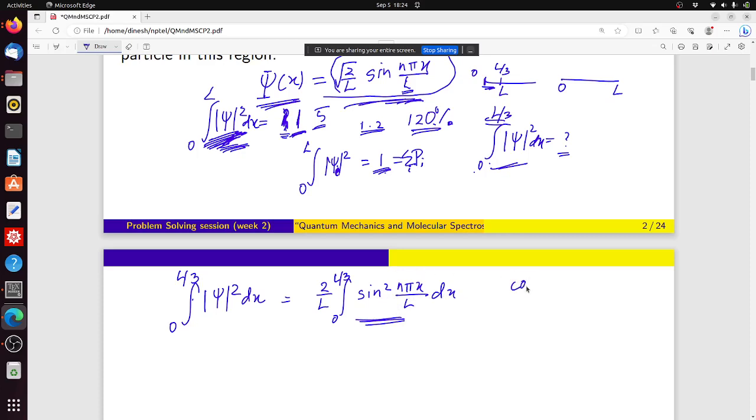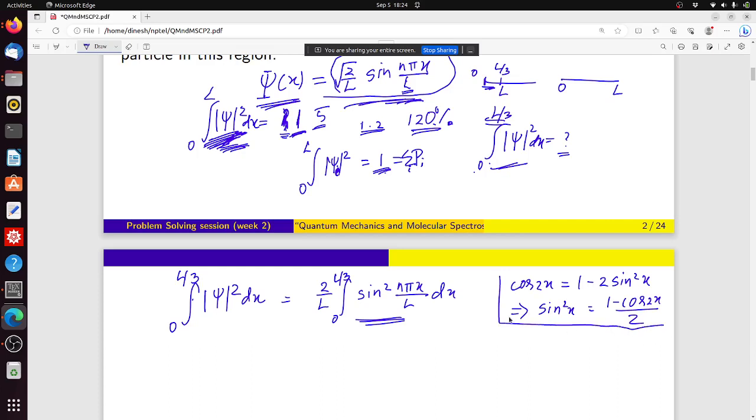So let's say cos 2x, we can express it as 1 minus 2 sine square x. From this we can find sine square x equal to (1 minus cos 2x) by 2.